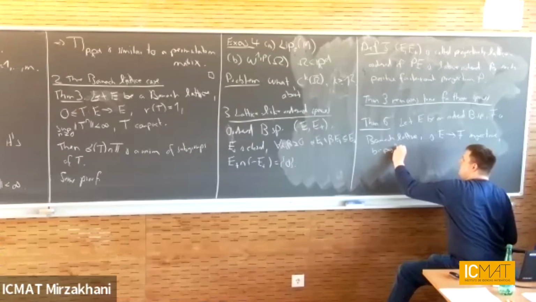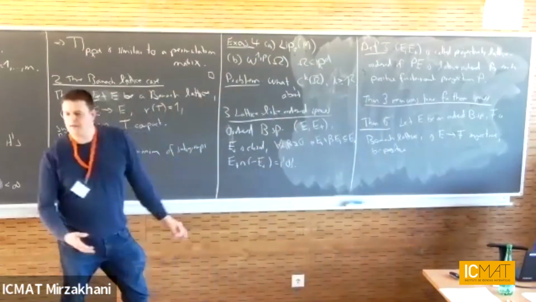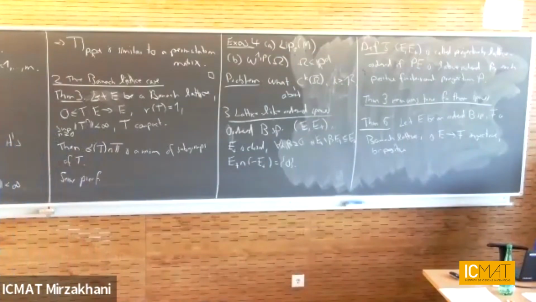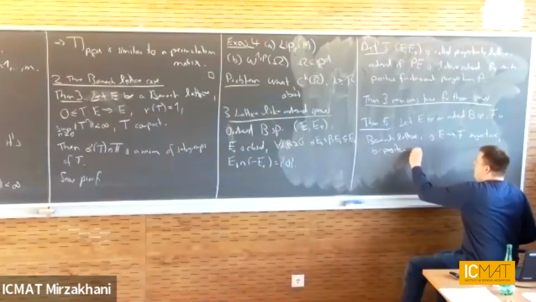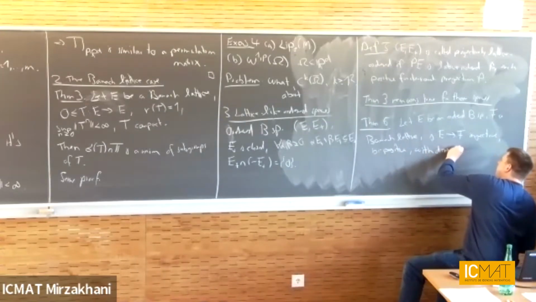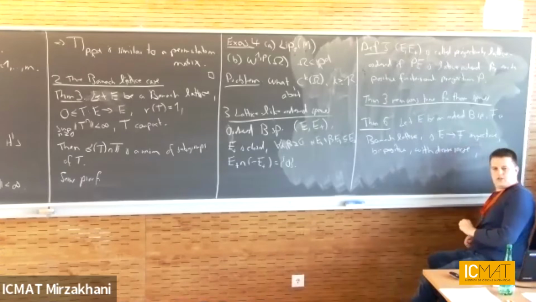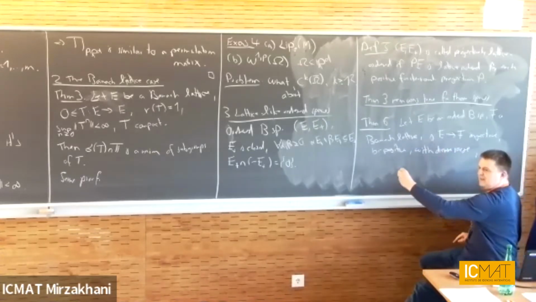What does bipositive mean? It means J of f is positive if and only if f is positive. Injective, bipositive, with dense range. And I want this map to be majorizing.